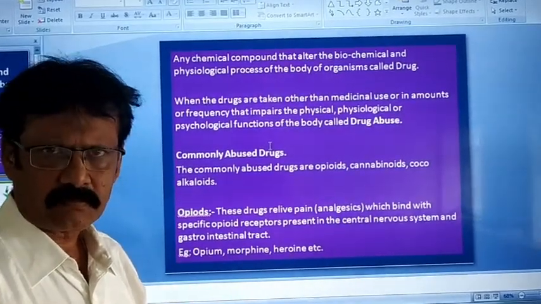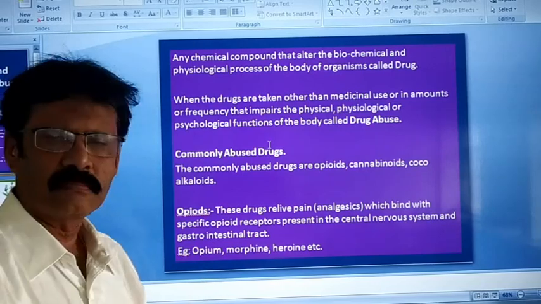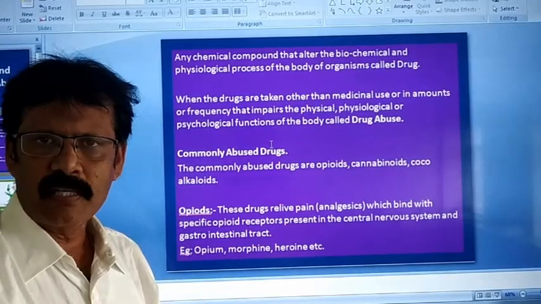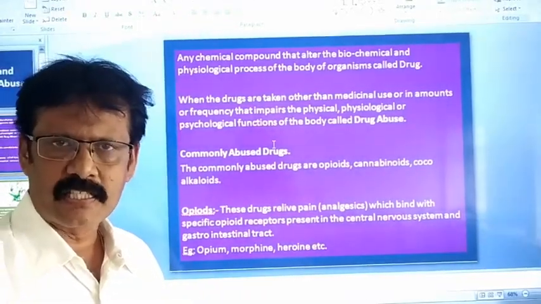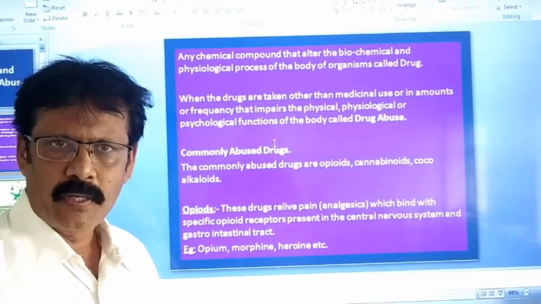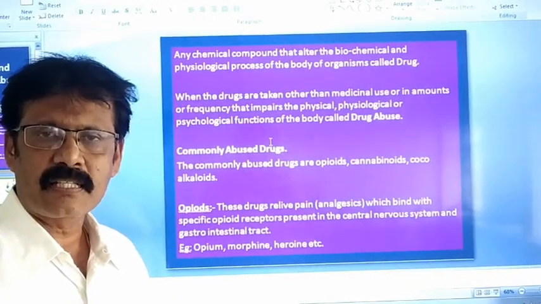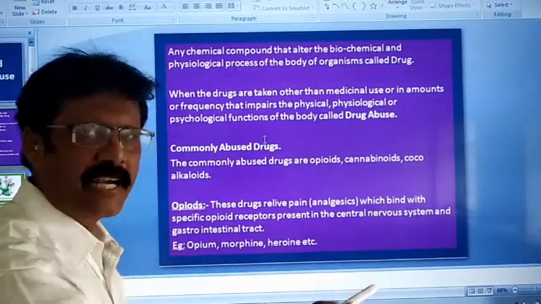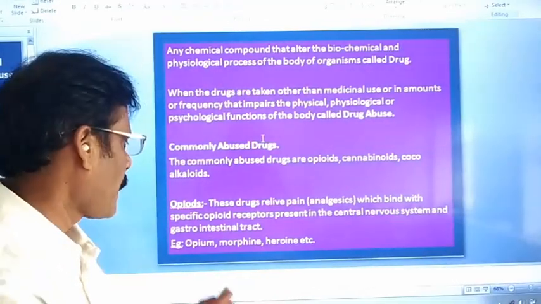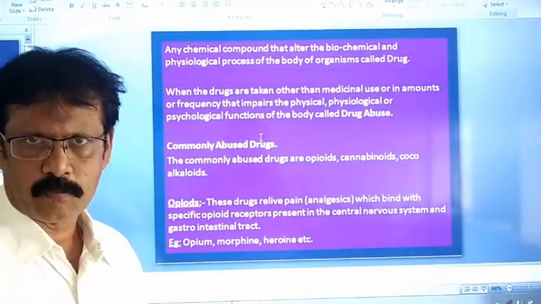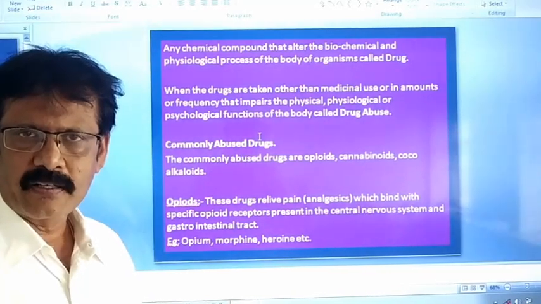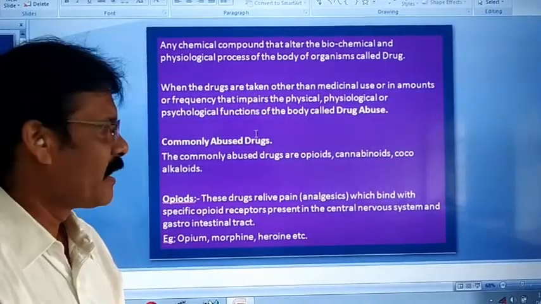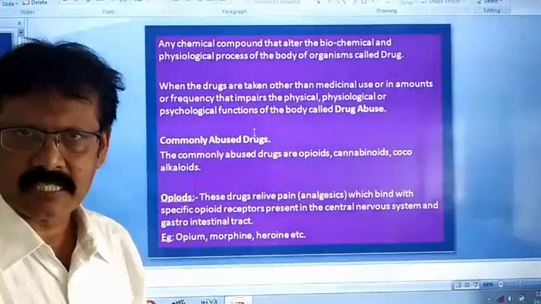So how do they affect us? Opioids are drugs that relieve pain, hence they are said to be analgesic. Opioids relieve pain by suppressing the activity of the cerebral cortex, binding with specific opioid receptors present in the central nervous system and gastrointestinal tract.